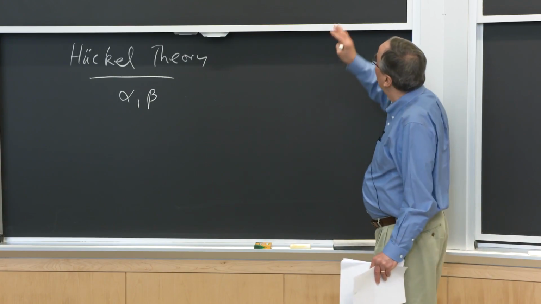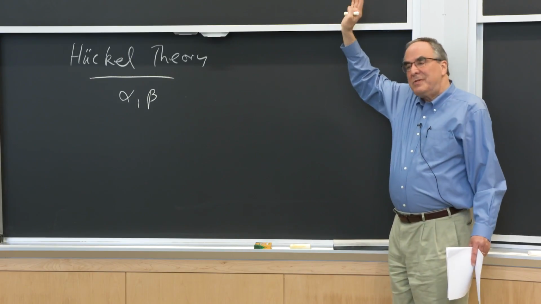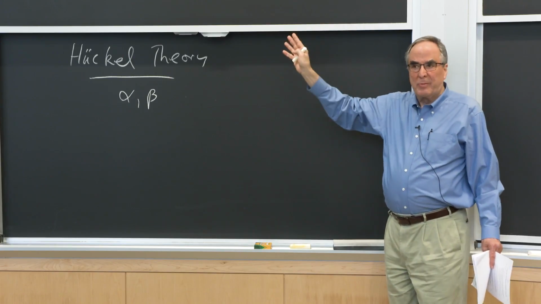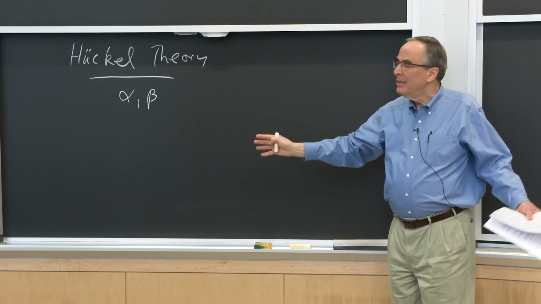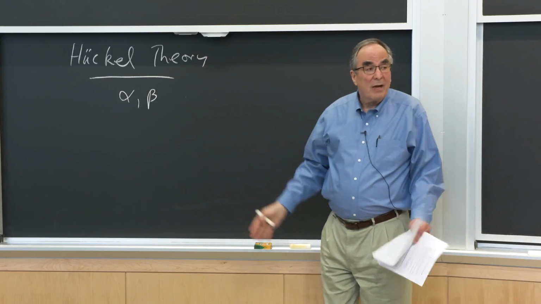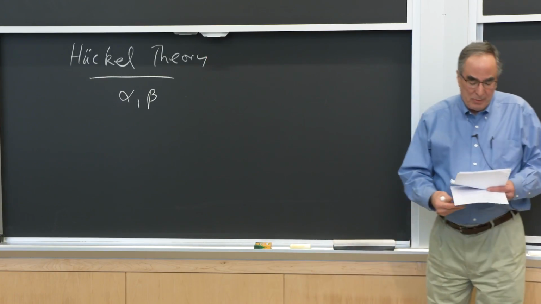Because in LCAO-MO, you really have some semi-empirical sense of how big orbitals are. And once you know how big orbitals are, you know what's going on. In this, you just have a couple of parameters that says, okay, these are the rules. Let's now apply that.